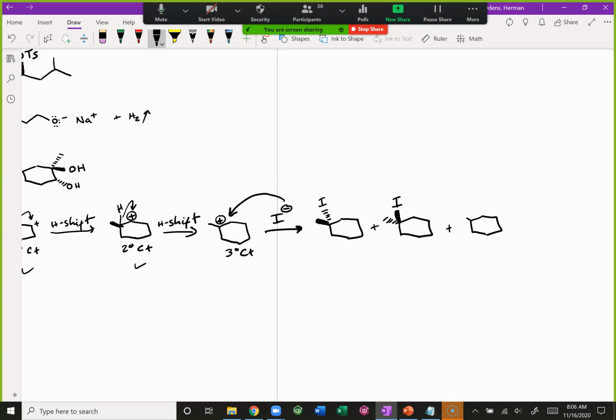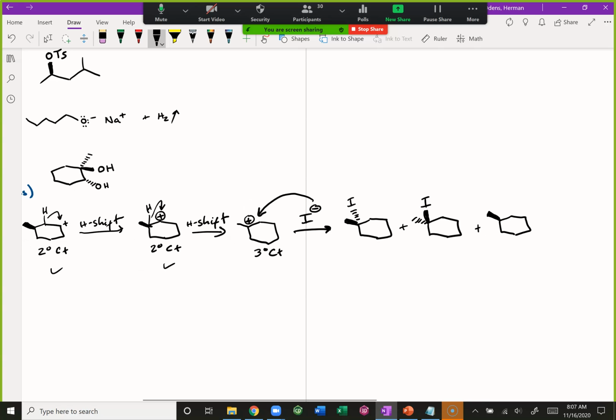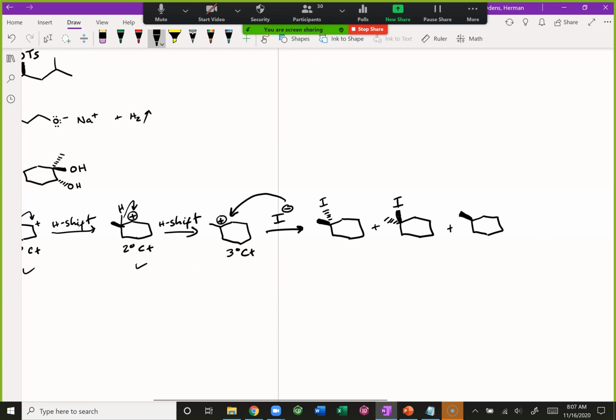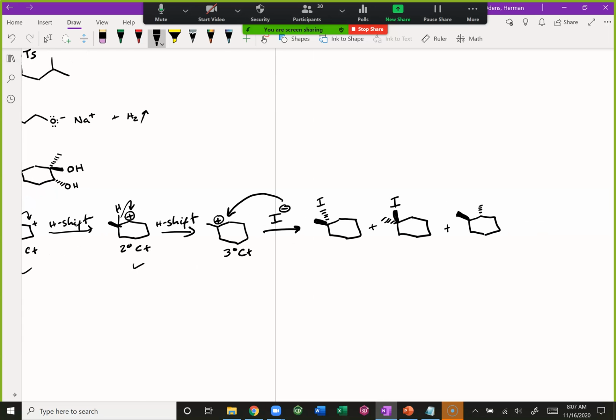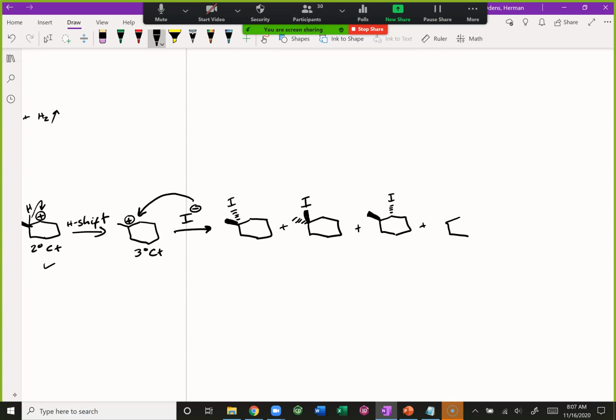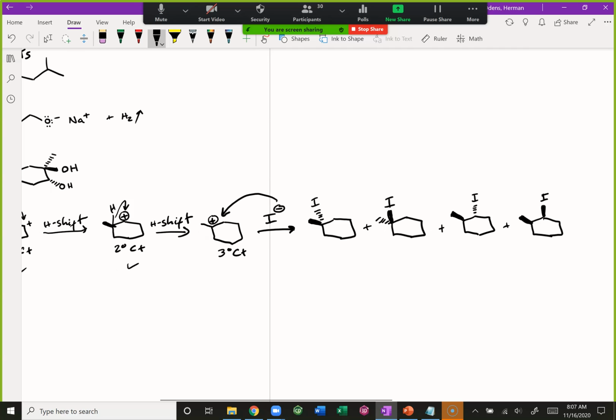This reaction is very useless because it produces too many products. So this is up, this is down, iodine, this iodine will be up. This reaction is very inefficient.